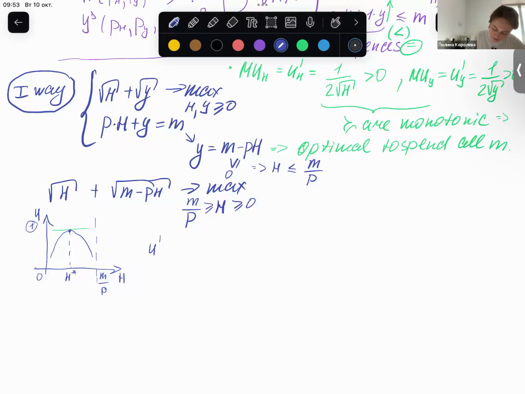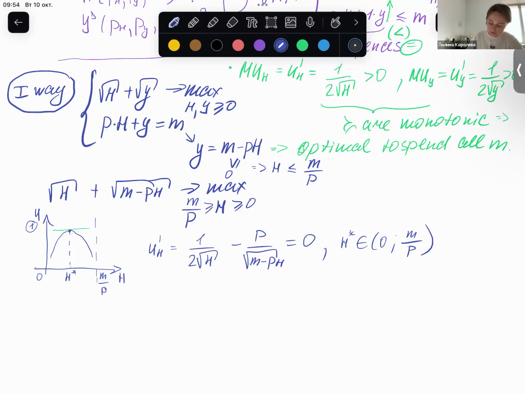The first derivative is 1 over 2 square root of h minus price over square root of m minus pH, and it should be equal to 0 for our heating that belongs to the interval from 0 to m over price.